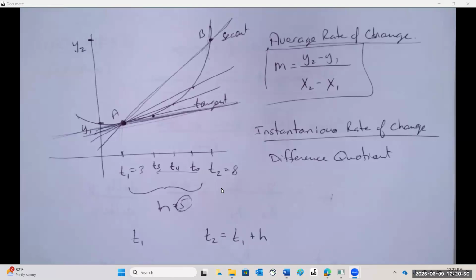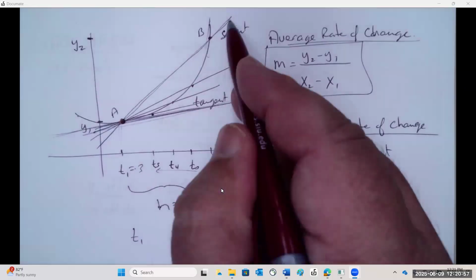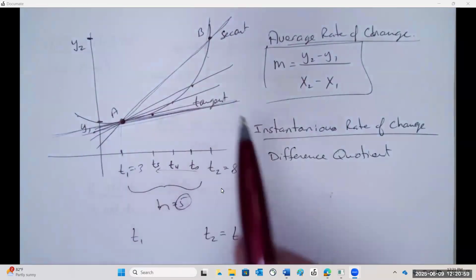When will they be equal? When what happens? When what's true? When will the secant line be equal to the tangent line?